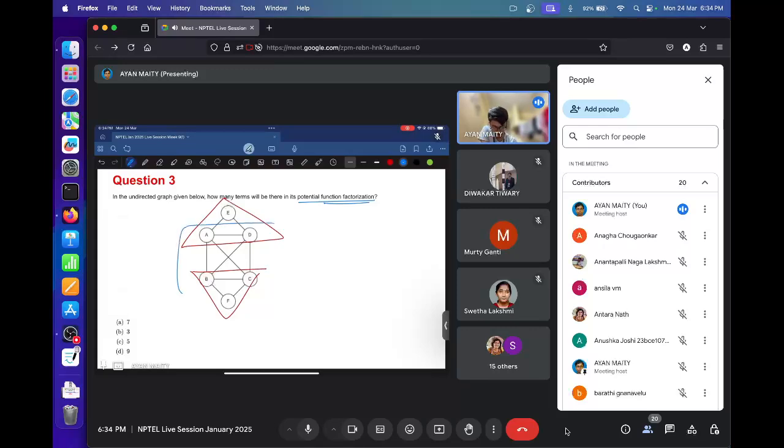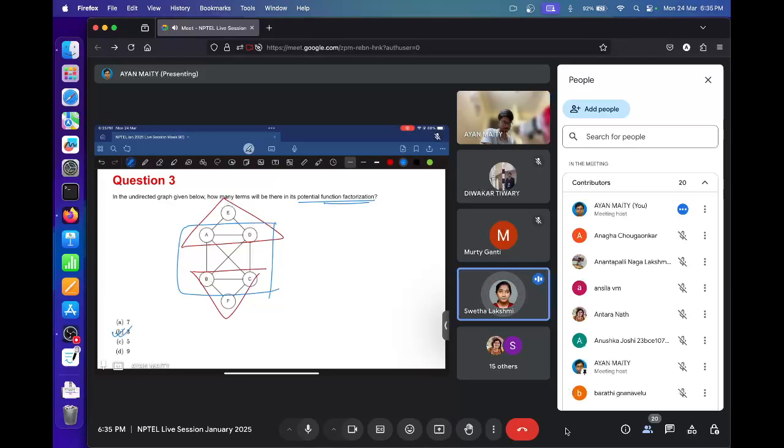So these are the three max cliques that you can find out: this rectangular part of ABCD, this upper triangle of AED, and the lower triangle of BFC. You have to find out how many max cliques are present in the graph. That would be the number of terms present in the potential function factorization. So option B, 3, is the correct answer.